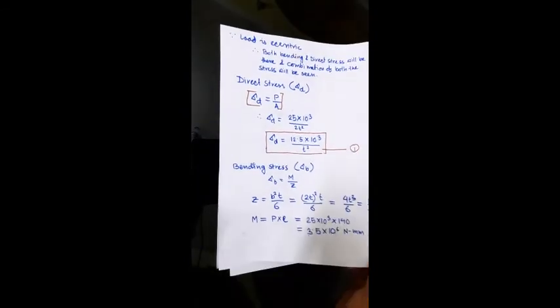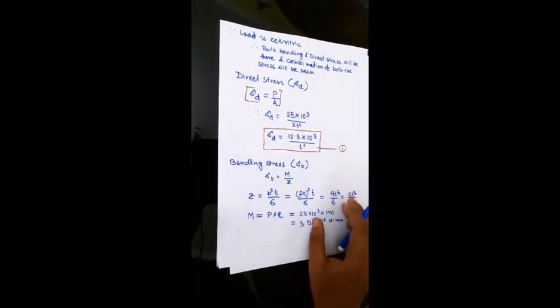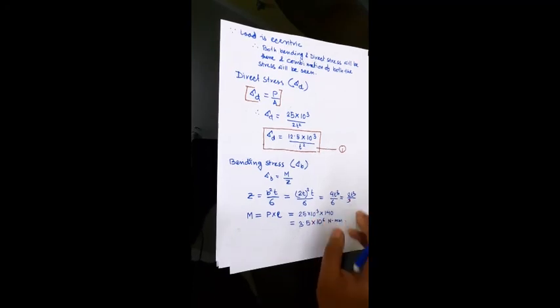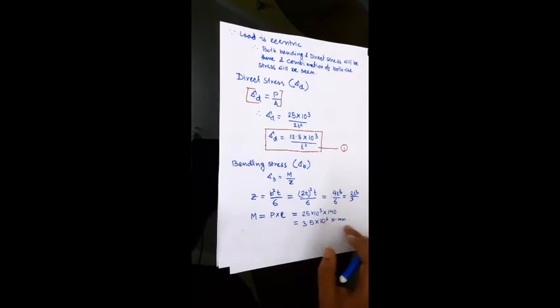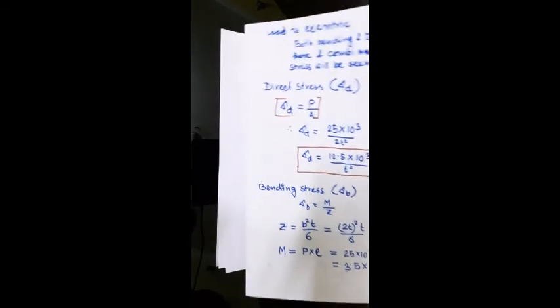Now we have got the value of Z here, that is 2t cube by 3, and we have got the value of M, that is 3.5 into 10 to the power 6 Newton mm. Now we can find out the value of sigma b.